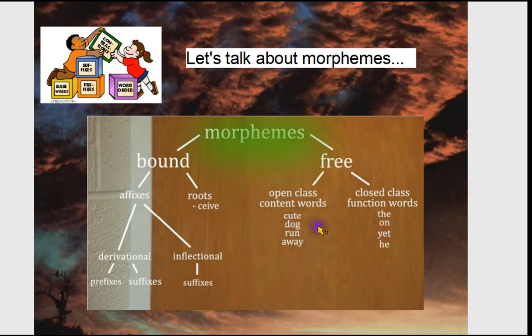We know what dog is. They are content words because they have a meaning. Now we have the closed class, the function words, the, on, yet, he, you see. We have articles, we have prepositions, we have pronouns. They have a meaning, they have a function. Okay, so these are the free morphemes.